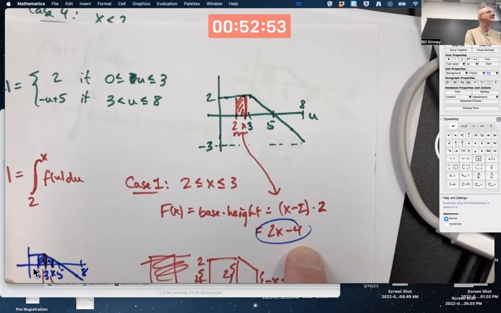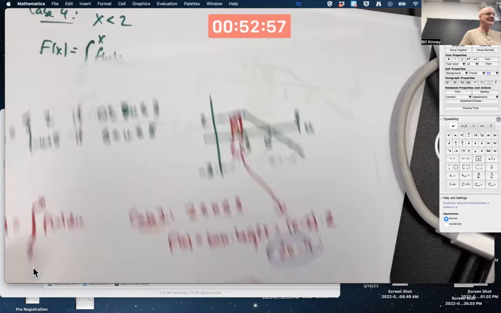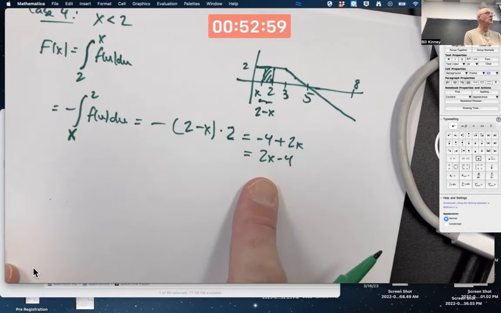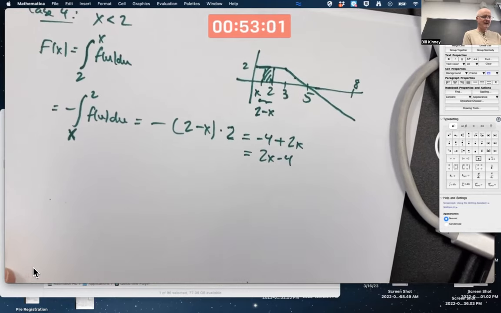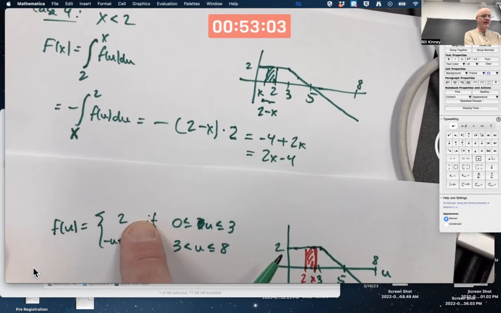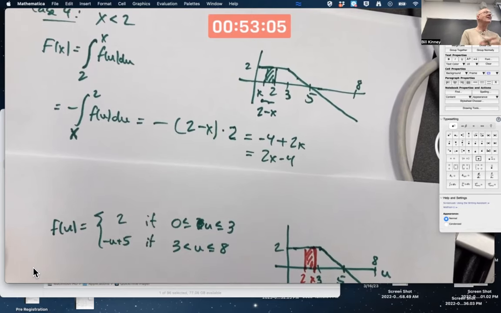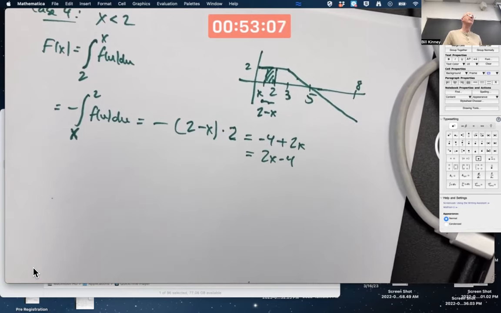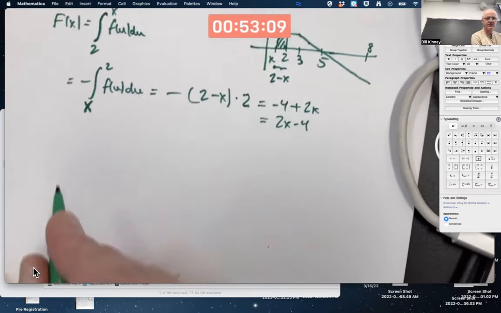Not a coincidence. We had to get the same answer. And yes, this is still a function whose derivative is 2, matching that 2 right there. We have now constructed a function, capital F, that's an antiderivative of little f.